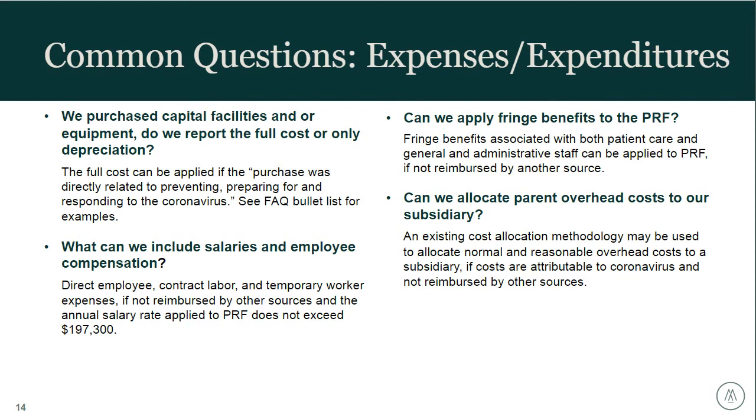So that's something to also chat about and get some clarification about if you don't have an existing cost allocation methodology, which a lot of folks likely may not. We can discuss the 10% de minimis option.